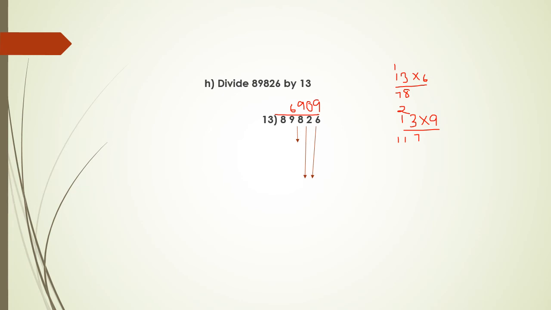If you know the table, you can write it easily, or else you can multiply and see the number.